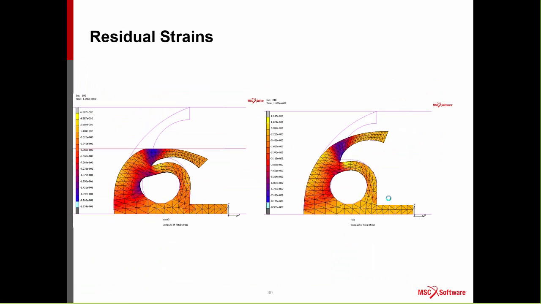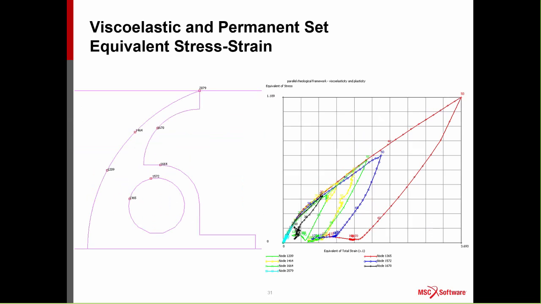And what we can do on these types of problems is we can effectively capture the residual strains, just as if we're doing a plasticity model as well. And what one observes, if you look at different points here, is that the point that's undergoing the largest amount of strain has nonlinear behavior.